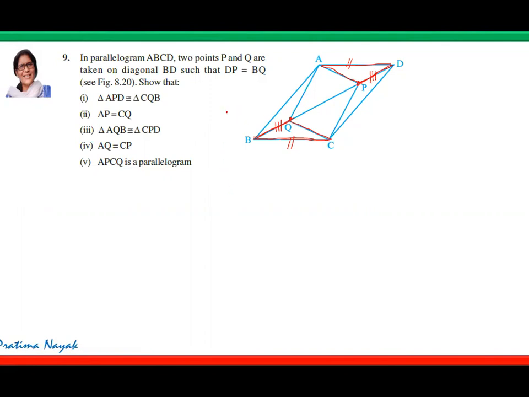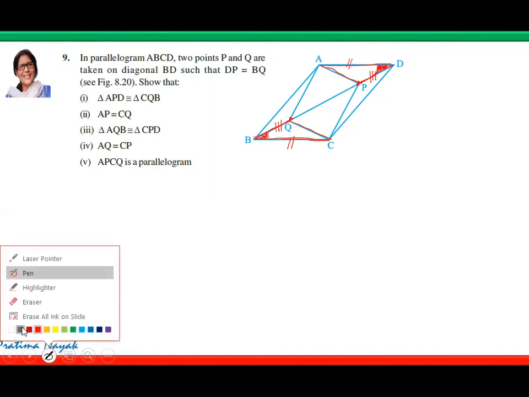In triangles APD and BQC, is there anything else equal that you are getting? Any side, any angle? Yes, we can get this angle is equal to this angle, alternate angle. Yes, this is enough as congruency I can put.